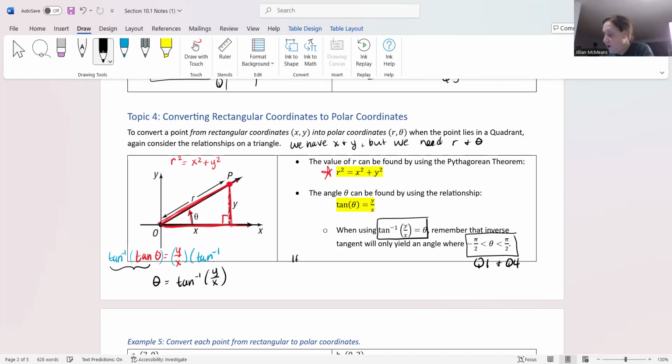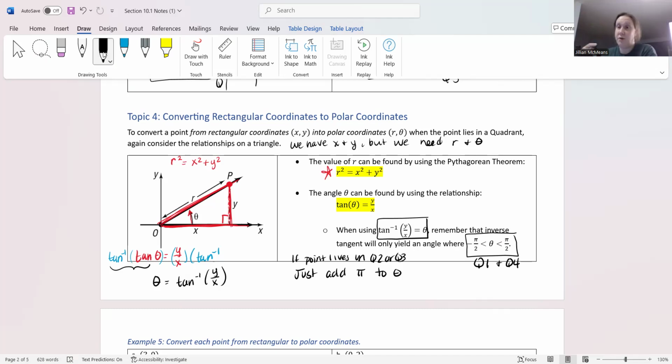So if the point lives in Q2 or Q3, just add pi to theta. If you just add pi radians, you'll end up in the right quadrant. So if you're technically in quadrant 2, this is going to spit out some angle in quadrant 3.